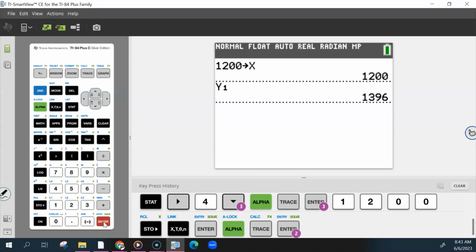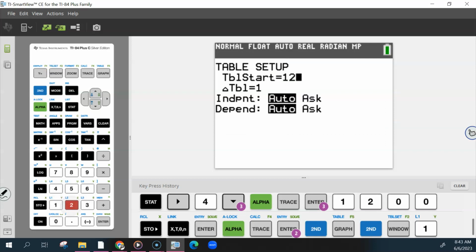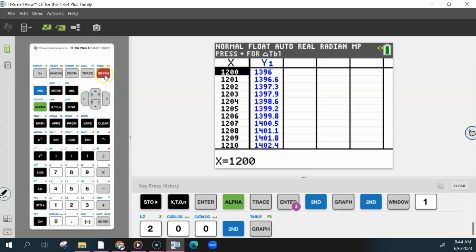Or because I have it stored in the calculator, I could go into 2nd Graph to look at the table, change this to 1,200, 2nd Window, and keep that, and go back, and you get that same number.